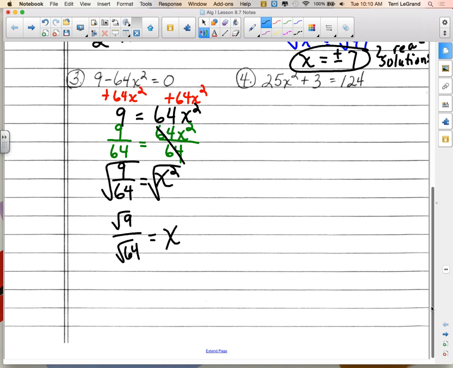Negative 3/8. So we get a positive and negative 3/8 for our x value. So this time it's not crossing the x-axis in two locations that are integer values. Instead, they are fraction, decimal answers.